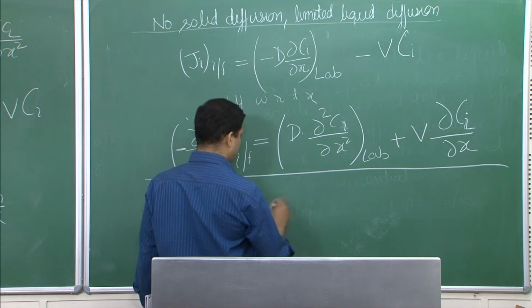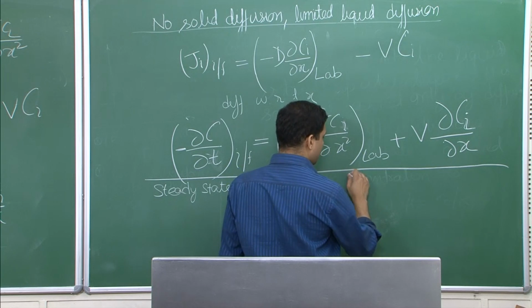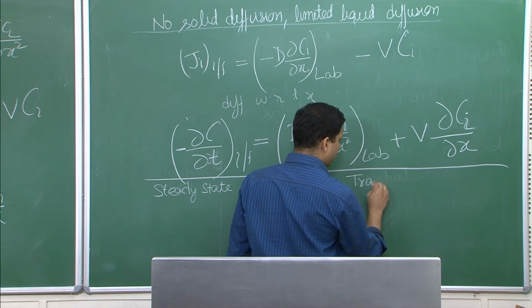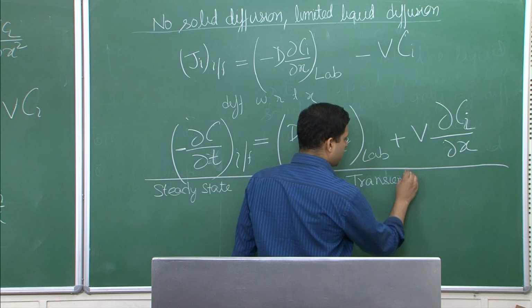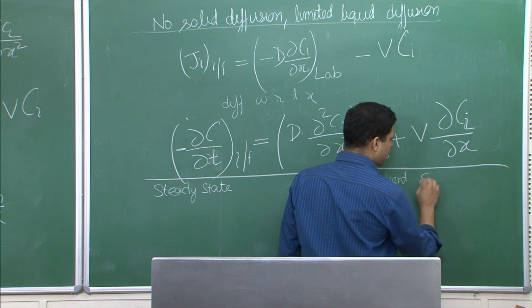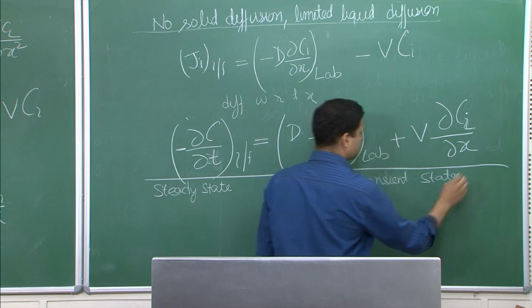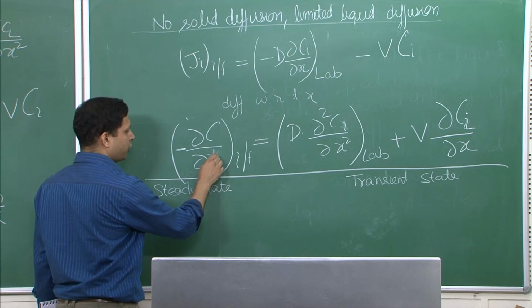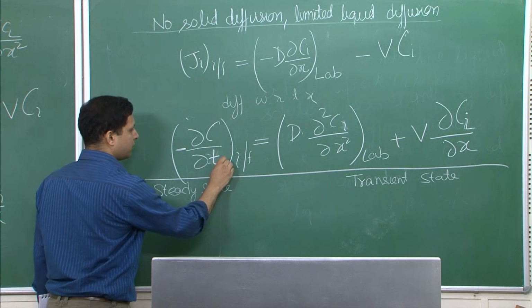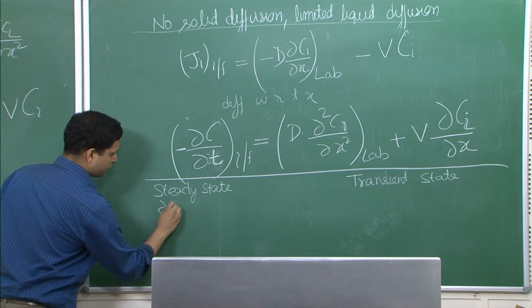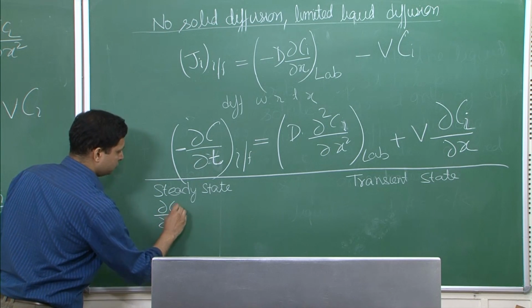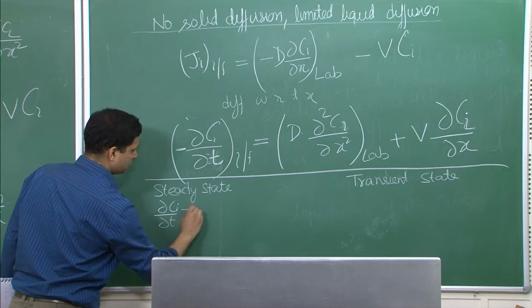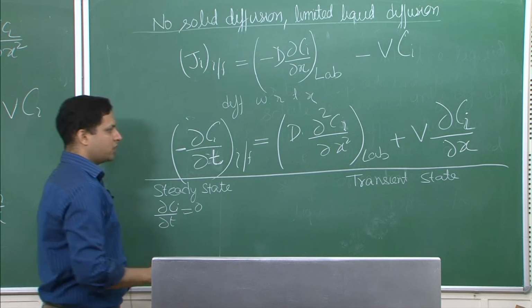Remember we already said that there will be two different conditions that we have always been talking about. One is the steady state and the other is the transient state. What is steady state? When nothing is changing with respect to time. So, this becomes 0. What is transient state?